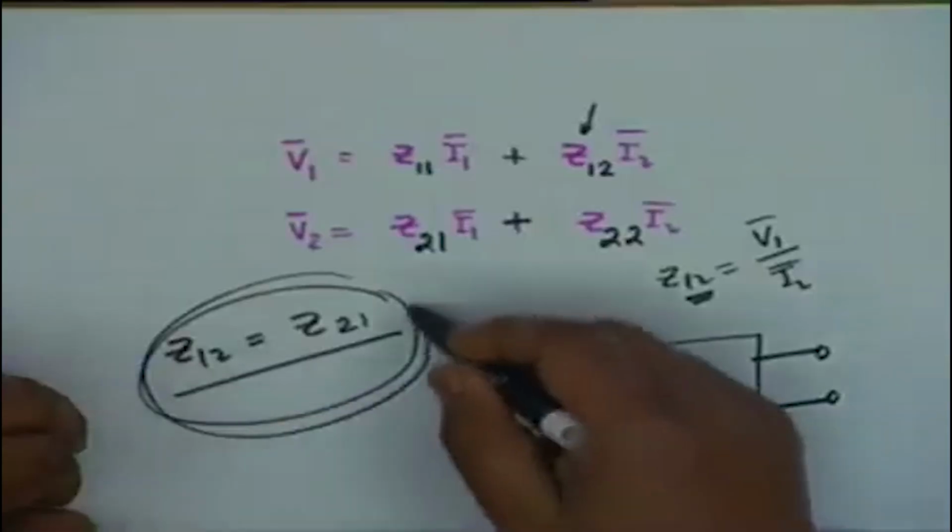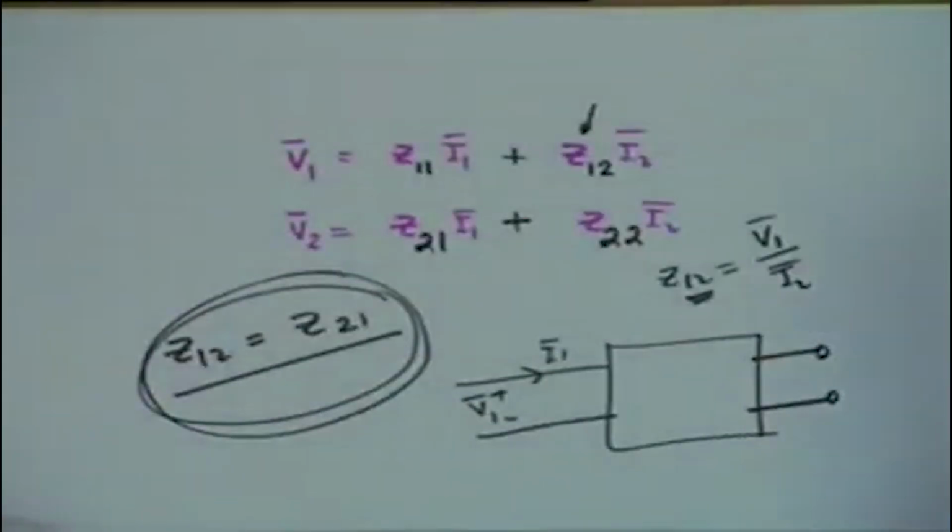Suppose this network has a transistor. A transistor can be considered as a combination of diodes plus an amplifying element, which are unilateral elements, and therefore it will not be valid there. In the case of a transistor amplifier, Z12 equal to Z21 is not valid. They are quite different. One is much larger than the other.